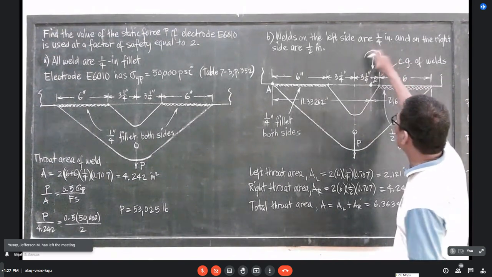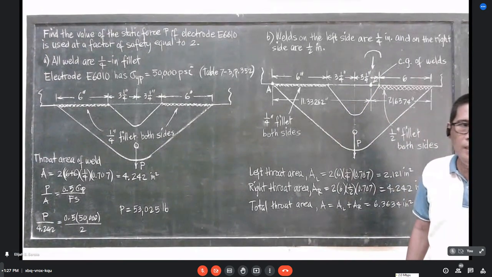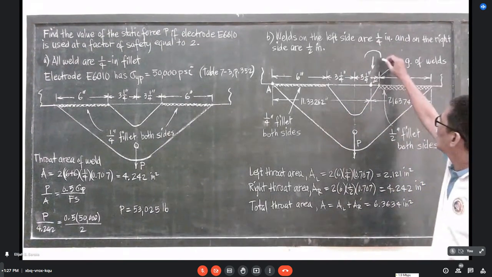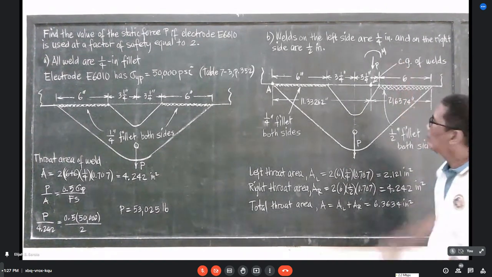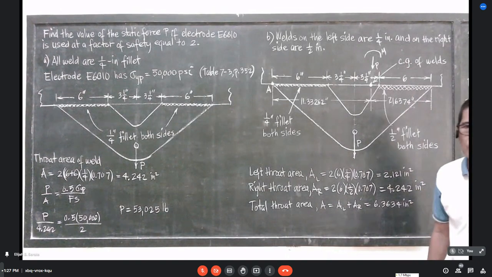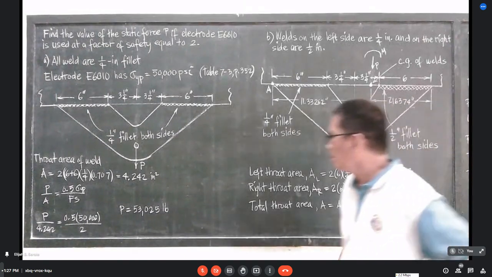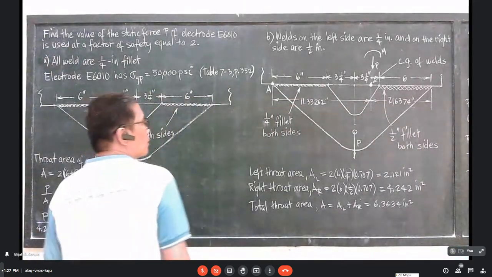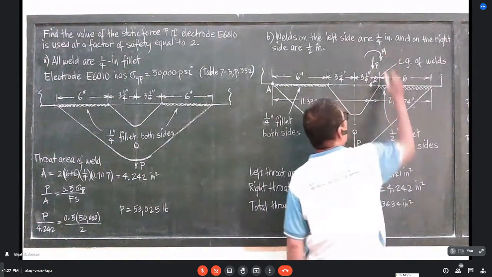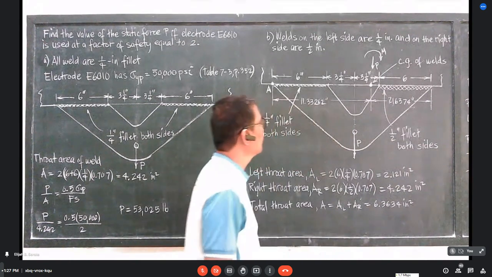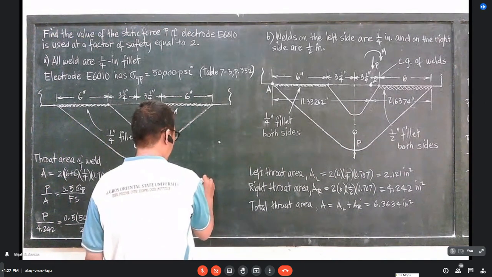This is clockwise, that is counterclockwise. This is your P, and this is your moment M. What is the direction of the moment? Clockwise, in this direction. Is that correct? This is your center of gravity and this is your P.